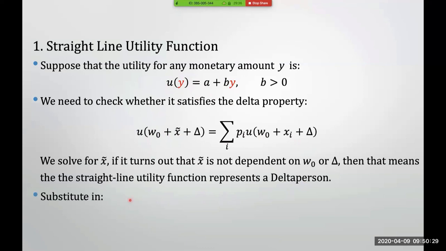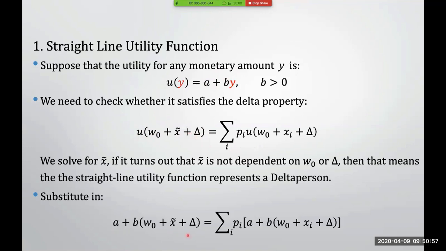So let's do the first step: substitute this function into this equation, meaning instead of using U of this, we're using this expression of U to represent the equation. On the left-hand side, y would be equal to W0 plus x tilde plus delta. That's how we got this expression.